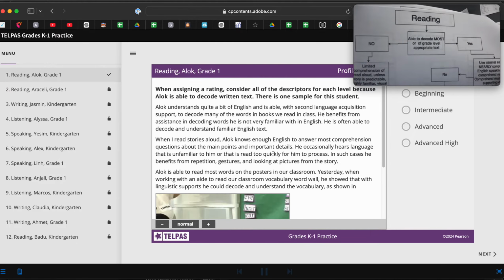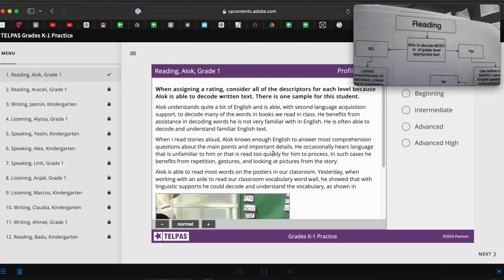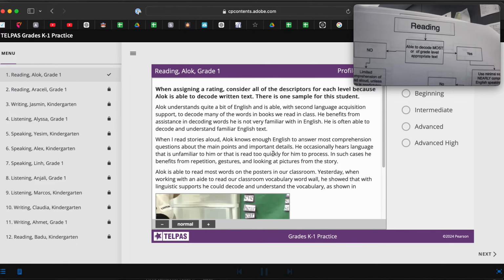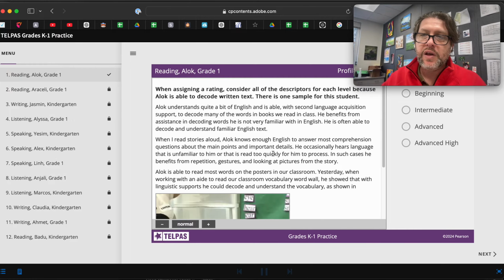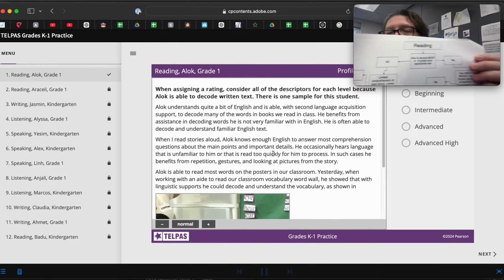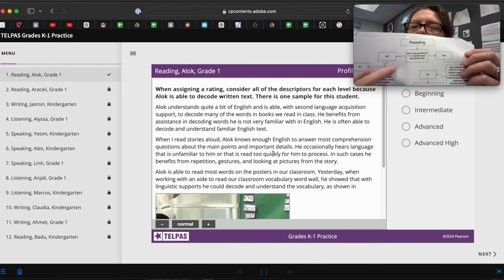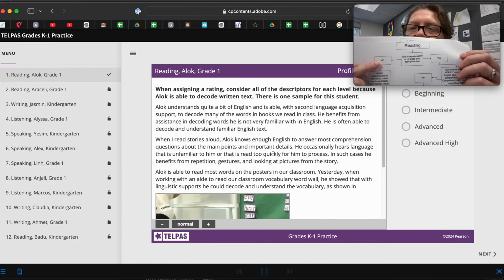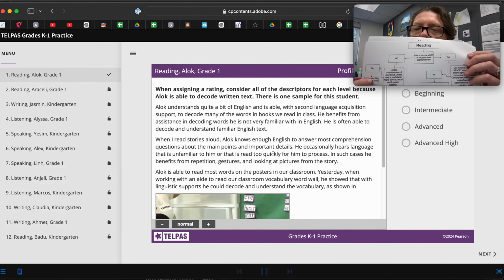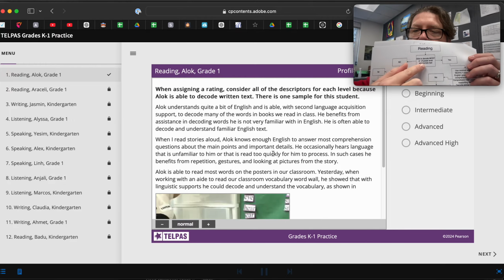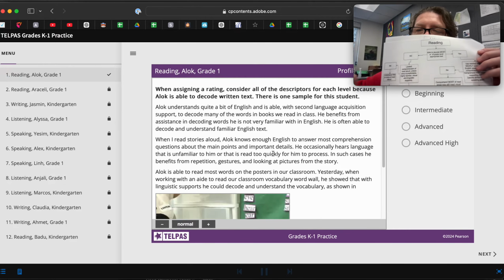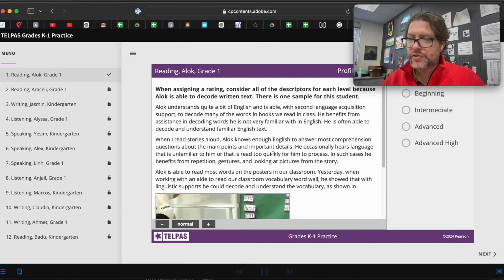But the first question here in the flow map is the student is able to decode most of grade level appropriate text. So if they're not able to decode grade level appropriate text, it's going to take you to no, and that's going to be either beginning or intermediate. If they're able to decode most of grade level appropriate text, it's going to put you on the advanced high track.